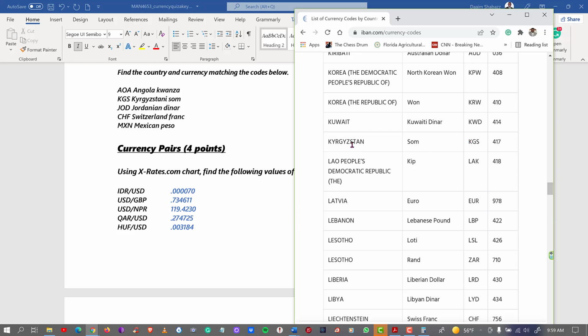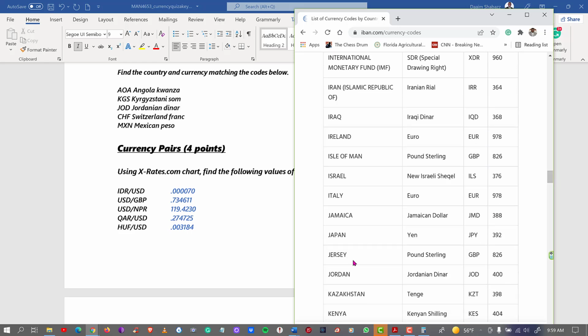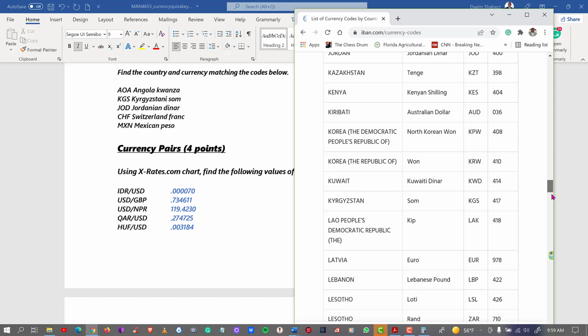That is the Kyrgyzstan Som, the Jordanian Dollar is right here, the dinar. I said dollar, but the Jordanian dinar. There are a lot of dinars in the Middle East. The Swiss franc.